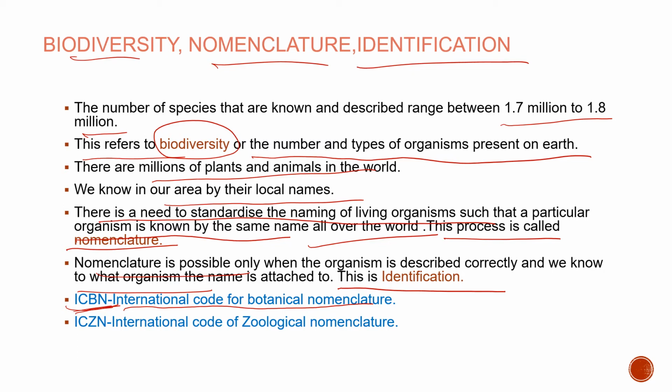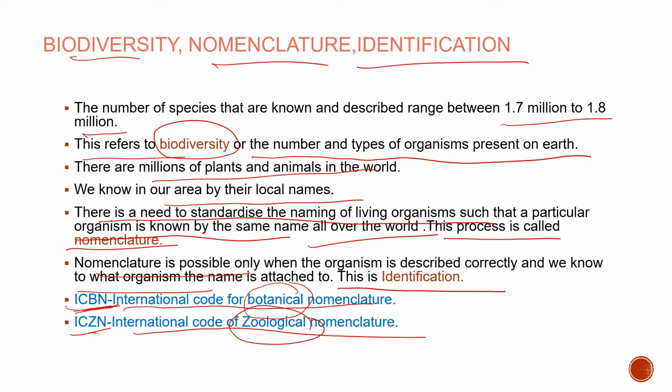Now you may ask how animals are named. Animal taxonomists have evolved the International Code of Zoological Nomenclature, that is ICZN. Botanical nomenclature is related to plants, and zoological nomenclature is related to animals.